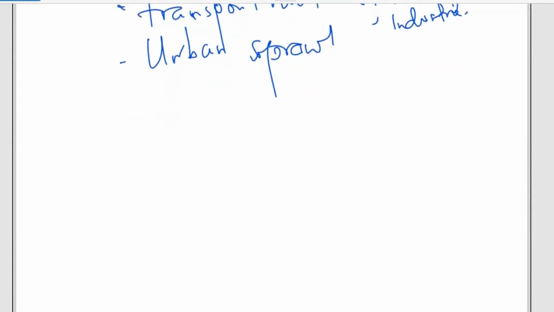Right, we'll move on to the next question. What is the importance of green belts in urban settlements? What we call the green belts, we are looking at vegetated areas. Why is it important that we have vegetation introduced in the urban area?